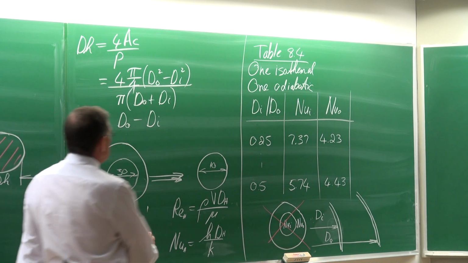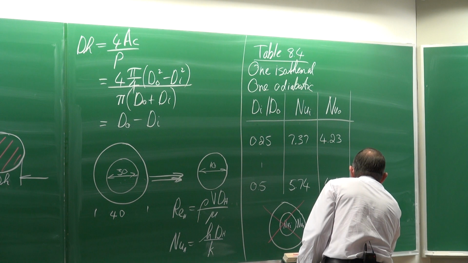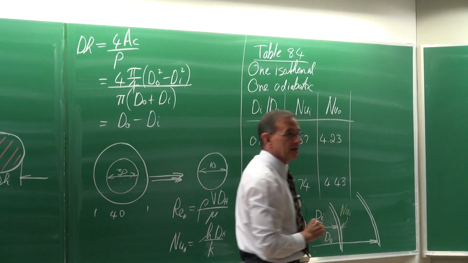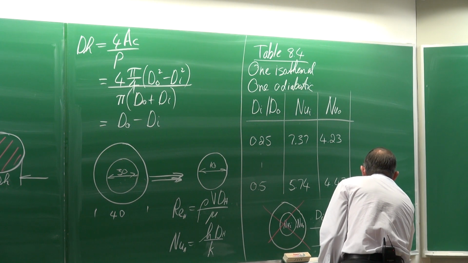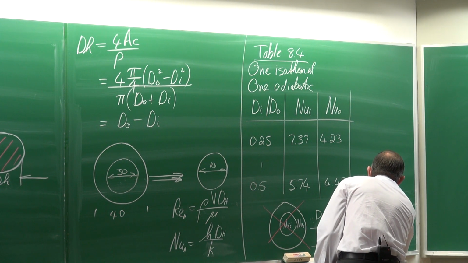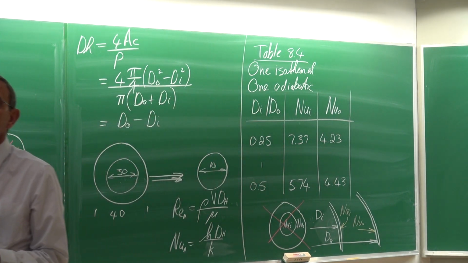Nusselt inside is the Nusselt number on that wall there. And Nusselt outside is the Nusselt number on that wall. You see the difference?